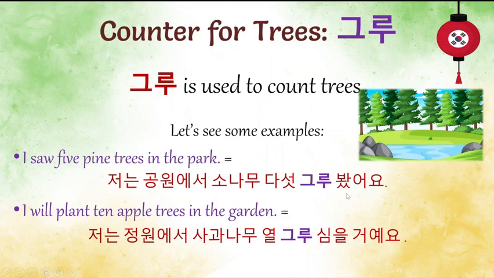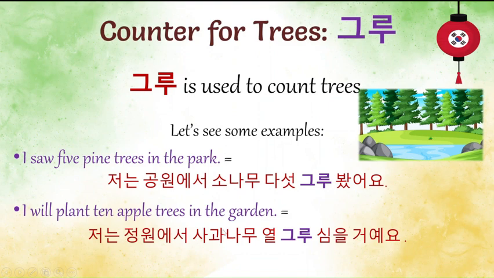And to see is 보다, past tense, 봤어요. Now, you have to say 5 pine trees. 소나무 5그루. Pine tree is 소나무, 5, 5. And the counter for trees is 그루. So 5 pine trees, 소나무 5그루.